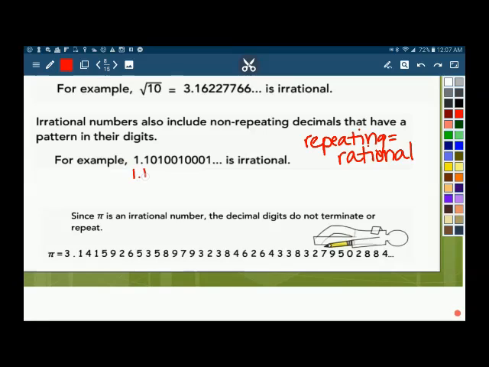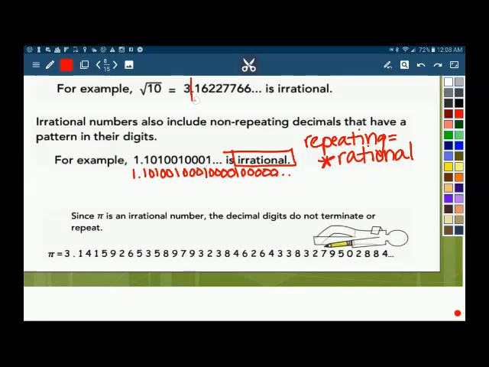If I were to continue writing out numbers, I see 1 0, then 1 0 0, so it's like a 1 and then 1 0, a 1 and then 2 zeros, a 1 and then 3 zeros. So I would imagine it'd be a 1 and then 4 zeros, a 1 and then 5 zeros, and so on with that pattern. But just because I can guess what the pattern is going to be doesn't mean the same numbers are being repeated every time, and it's got to be the same numbers in order for it to be rational. So technically, while this pattern is cool, it is irrational.